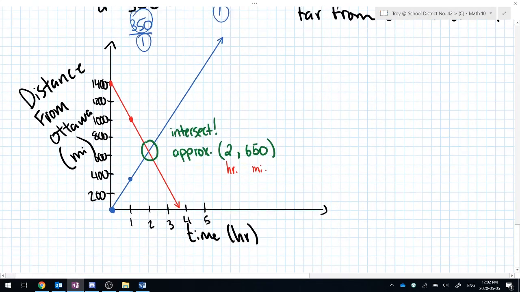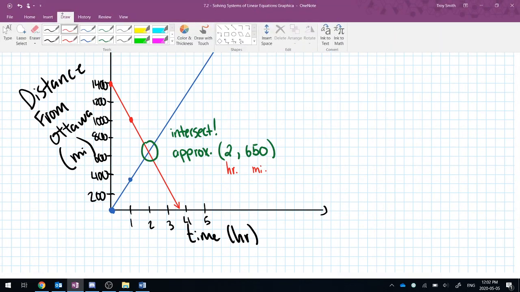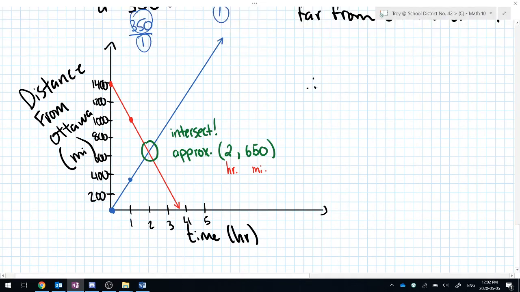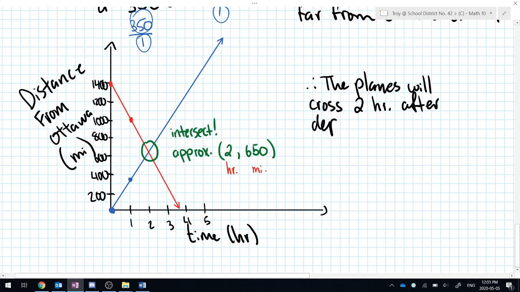So the answer to our question is: the planes will cross 2 hours after departure at 650 miles outside of Ottawa.